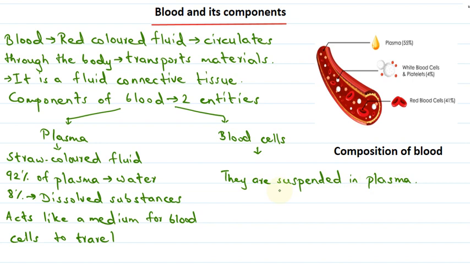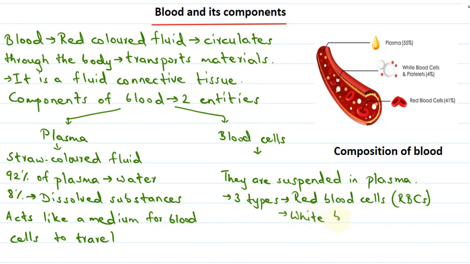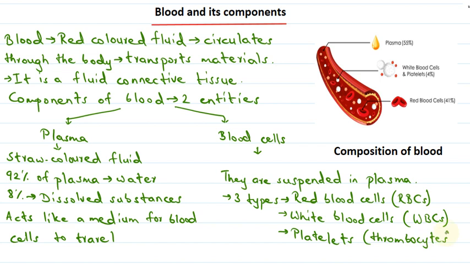Okay, so the blood cells remain suspended in plasma, and there are three types of blood cells: the red blood cells, also called RBCs or erythrocytes, then the white blood cells or WBCs or leukocytes, and then the platelets, which can also be called thrombocytes.